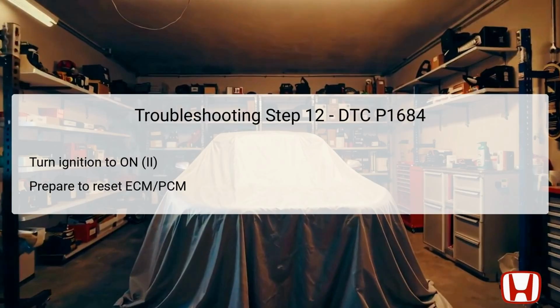Activating the ignition this way enables the systems to perform their necessary checks and prepares them to receive further instructions. This step is particularly crucial, as resetting the ECM or PCM allows it to recalibrate and adjust based on any new or repaired components, ultimately contributing to the optimal performance of the vehicle.